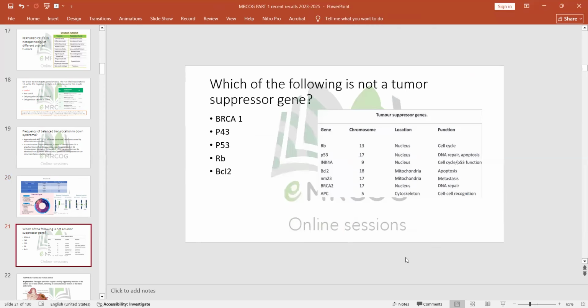Okay, this one is also a new question, which I hate from the bottom of my heart, because actually this is not basic knowledge. You can get it by exclusion if you know much about tumor suppressor genes, but no one in part one knows this.